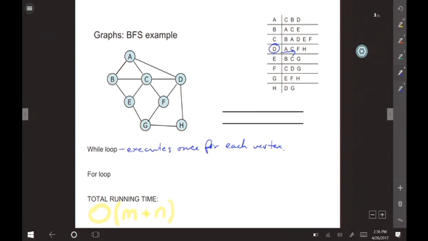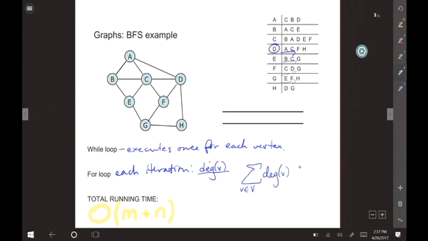And so each iteration induces degree of V amount of work. Okay? Now, wait a minute. How many of these are there? Wait, there is one for each vertex, right? We are going to set up a for loop for each vertex.